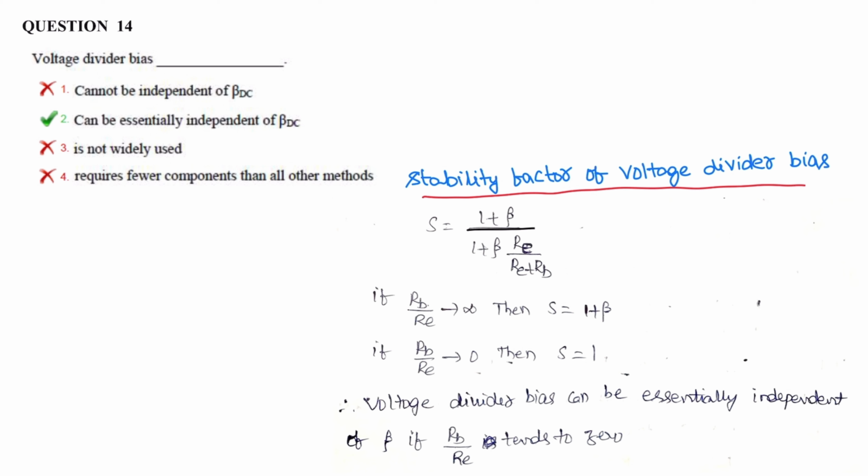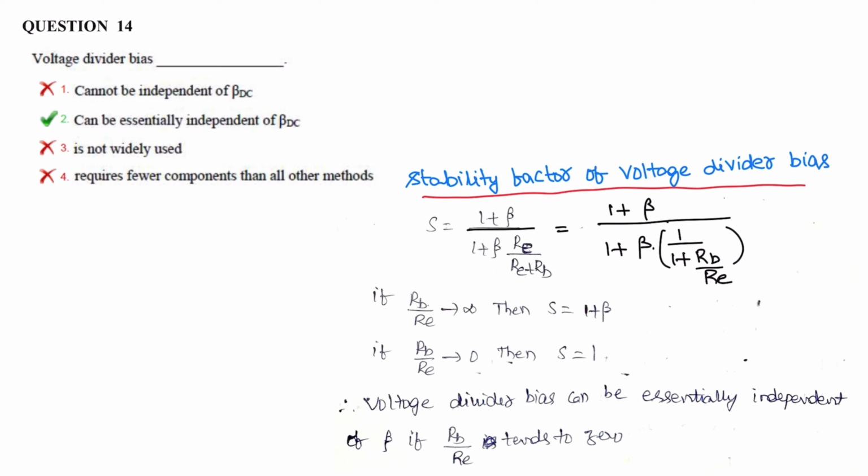Now if Rb by Re tends to infinity, this expression can be rearranged as 1 plus beta by 1 plus beta, taking Re common, 1 by 1 plus Rb by Re. If this value is infinity, we get stability factor S equal to 1 plus beta.